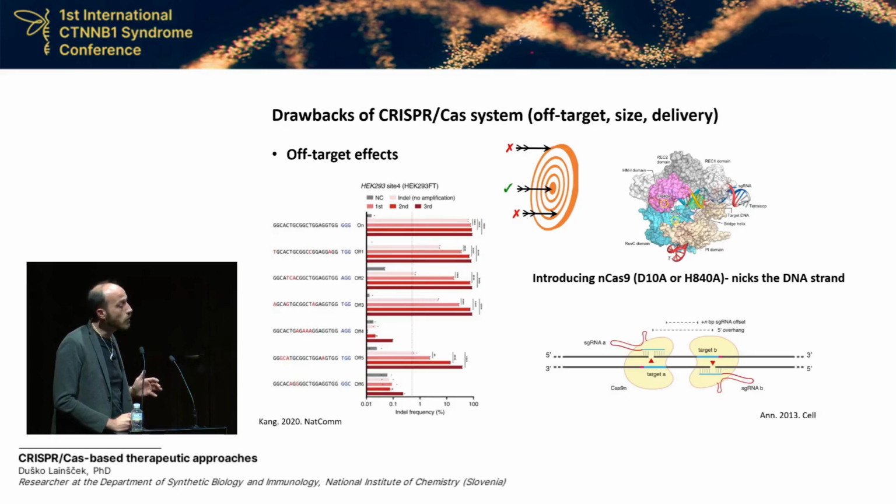That is also one of the bottlenecks of using the CRISPR-Cas system in vivo. For instance, if we want to target kidneys, lungs, heart, and so on, we should have an efficient delivery mechanism. The second drawback or limitation lies in its size. The CRISPR-Cas system is not so small, so that should also be taken into consideration when trying to use CRISPR-Cas as a therapeutic option for treating different diseases.